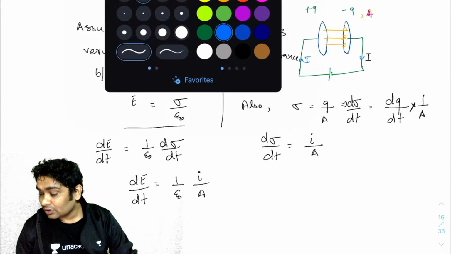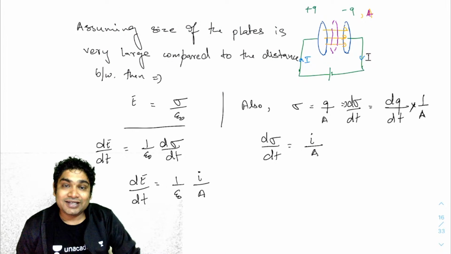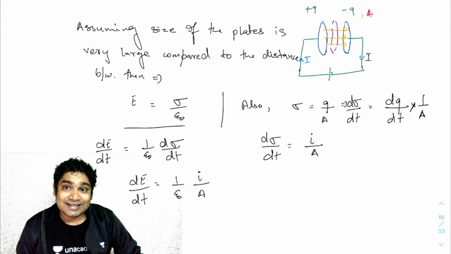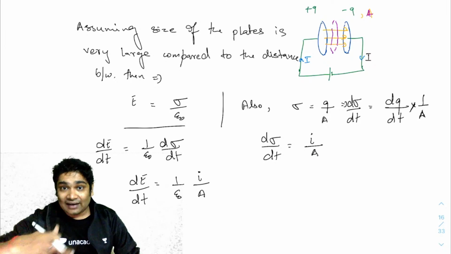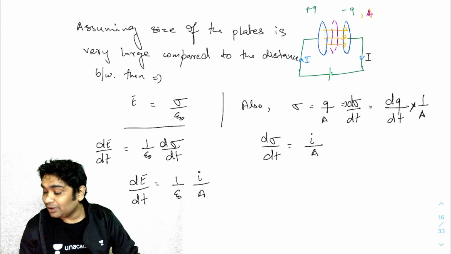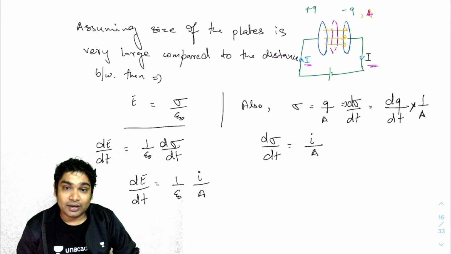Again, we are making an assumption that the effect of this changing electric field is equivalent to the current. So the net current would be equal to the current which is flowing from here and from here, because of continuity of current.